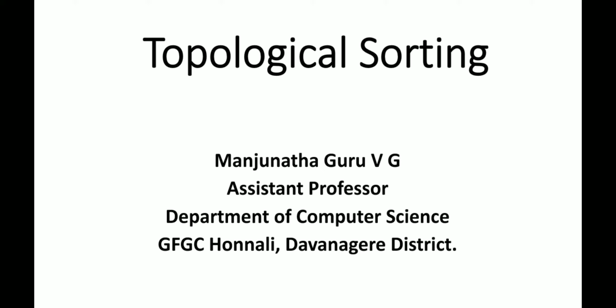Topology means a set of vertices. Topological sorting is an arrangement of vertices in linear order. That means topological sorting is a linear ordering of vertices. So now in this presentation we discuss how to arrange the vertices in linear ordering.